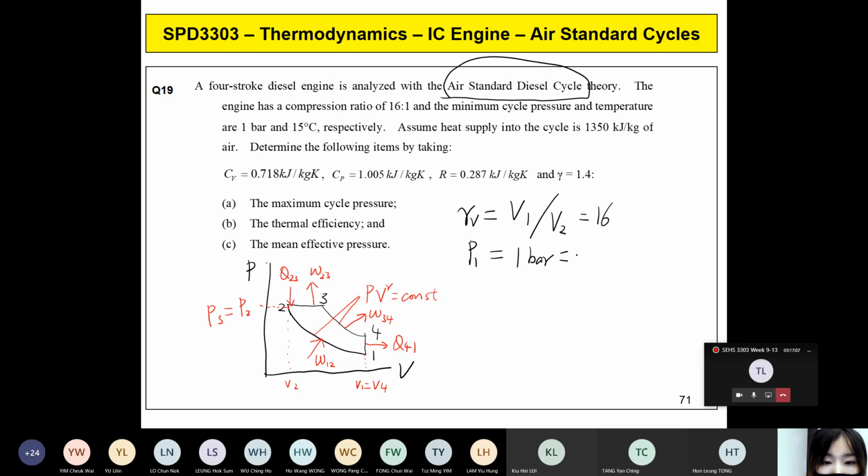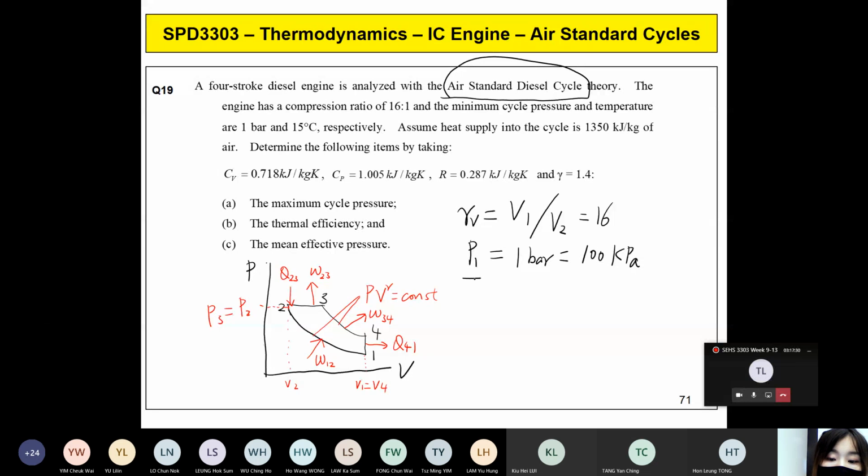I will suggest you always use kPa in order to avoid any error. Okay? So let's change it to kPa.